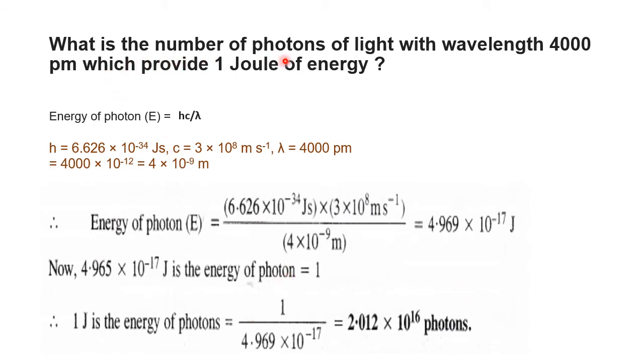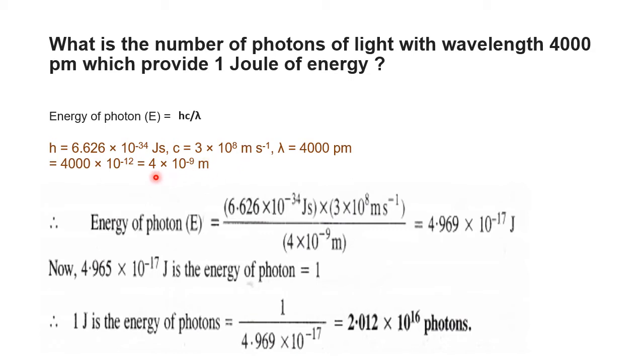What is the number of photons of light with wavelength 400 picometers which provide 1 joule of energy? Wavelength is given in picometers. So wavelength equal to 400 picometers. Convert it into meters. Why meters? Because we have to take the speed of light in the meters unit.